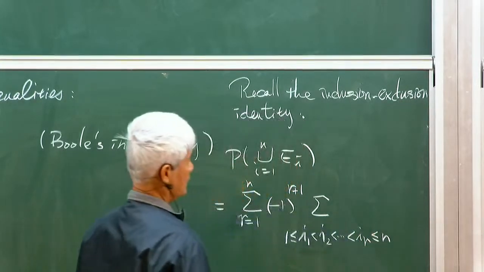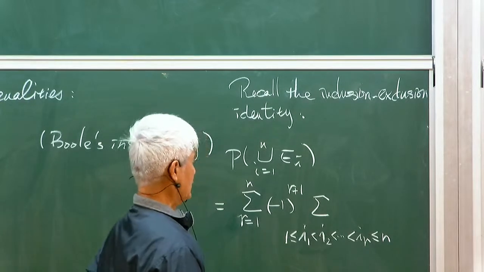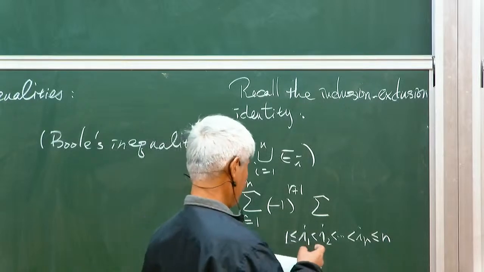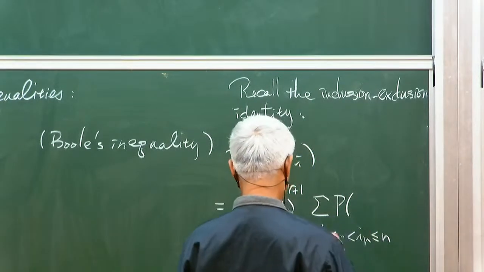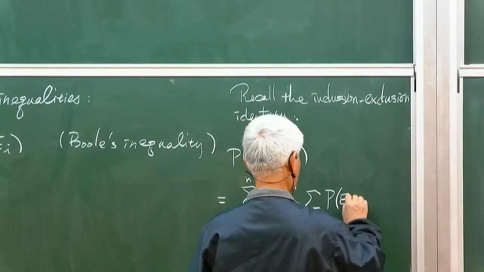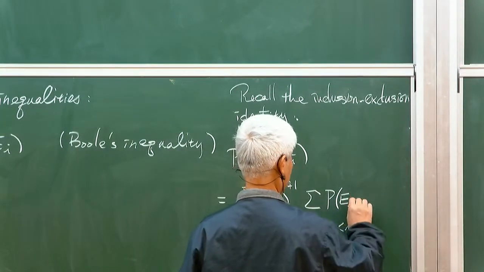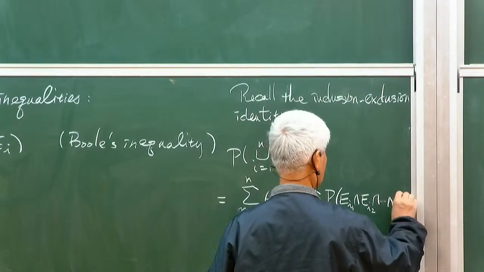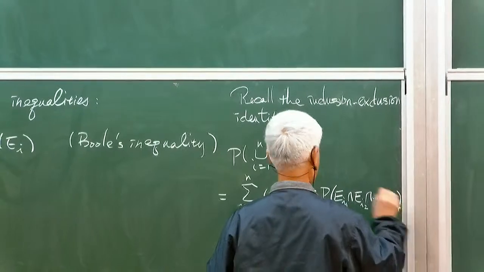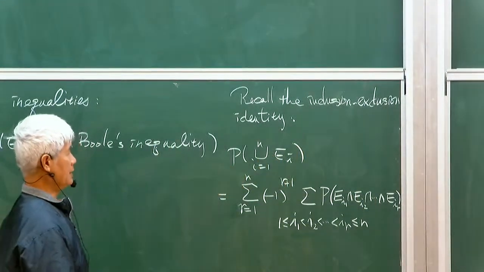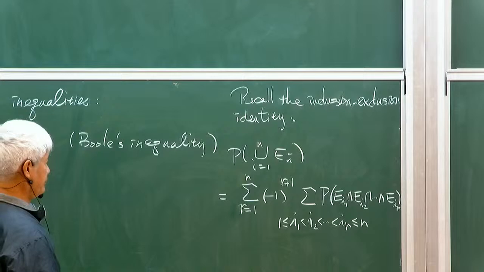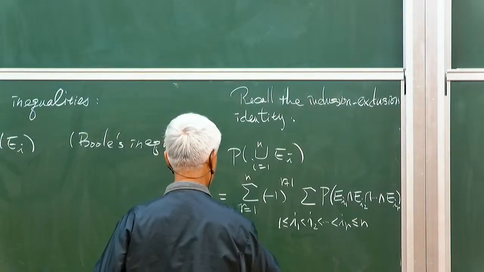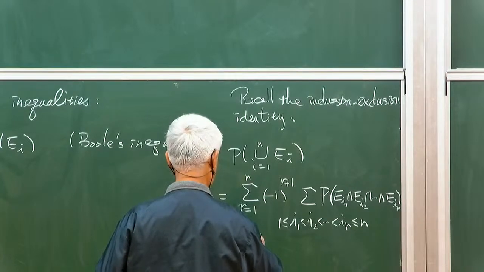So we have i1, i2 up to i sub r, with this order, and they are all between 1 and n. So these are summations for the probability of the intersections of E sub i1, E sub i2 up to E sub ir. Okay, so this is the exact expression.